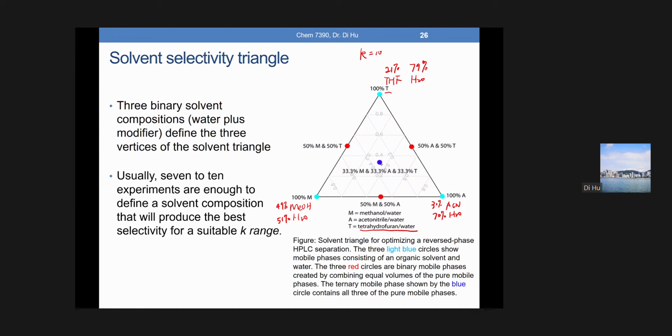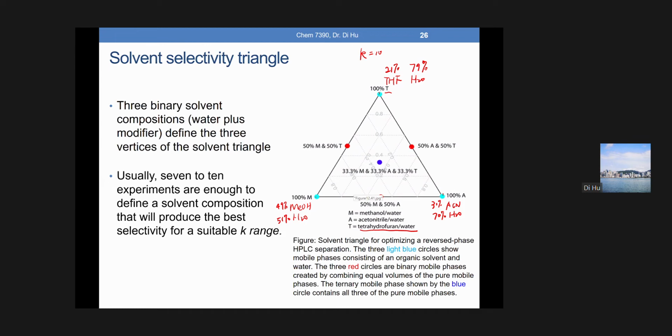So that represents the three vertices. That means you try the three binary solvent phases first, water plus one organic modifier, to see whether you can achieve a good K and good alpha. If not, then try the red dots. What are those red dots?